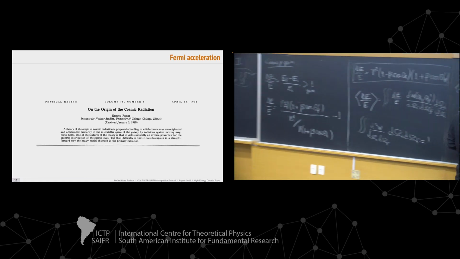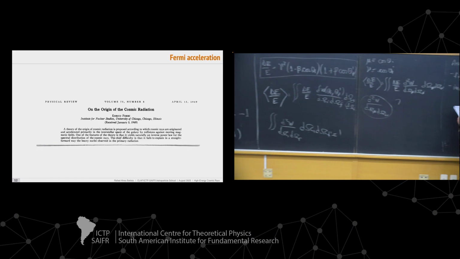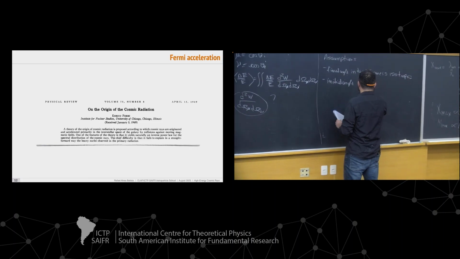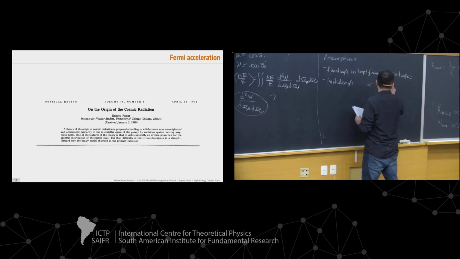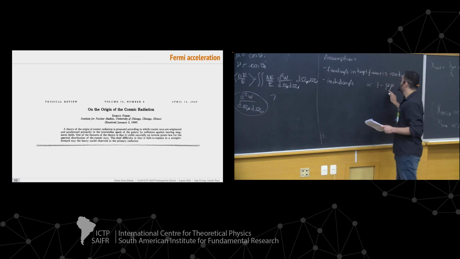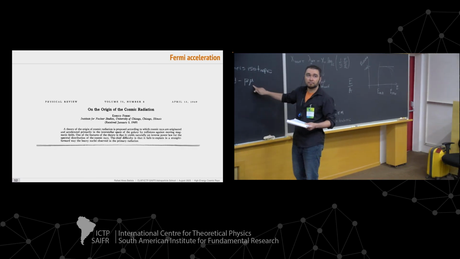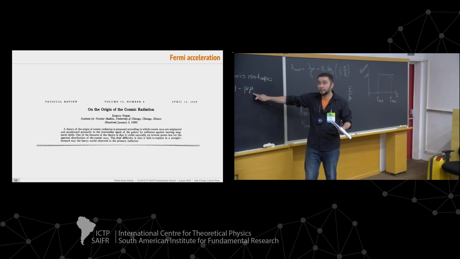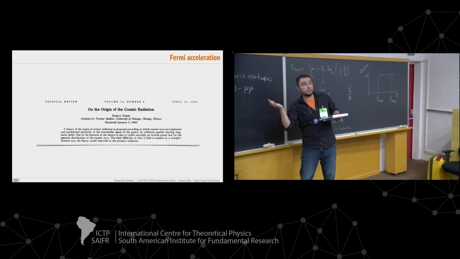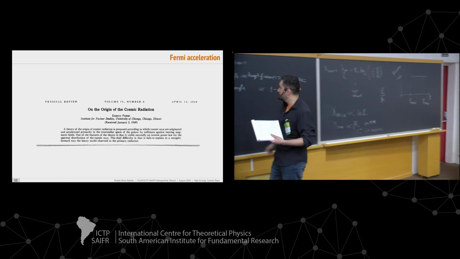Right? Mathematically, that would be something like a distribution proportional to 1 minus beta mu, so cosine theta I, okay? This is preferring head-on collisions. That's where we also get the relativistic effects.